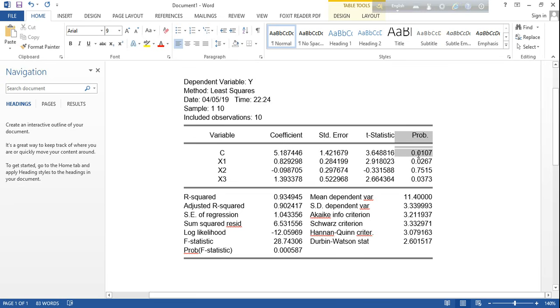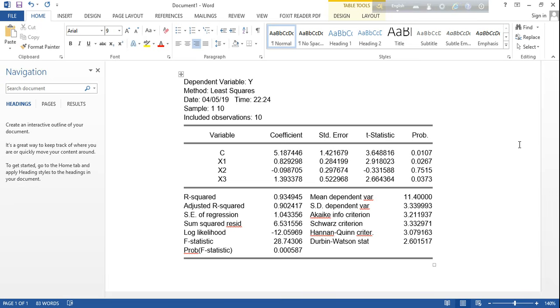To interpret the probability value of each of the independent variables, we have to know that if the probability value of an independent variable is less than 0.05, then the respective independent variable is important or significant for this model. Or we can say, if the probability value is less than 0.05, then the respective independent variable explains the dependent variable in a good way.